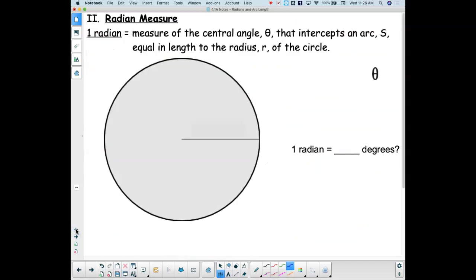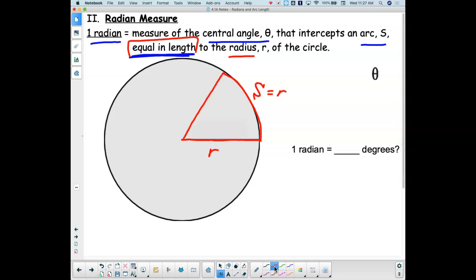Remember what a radian is, okay? What is it? The measure of the central angle theta that intercepts arc S, equal in length, that's the big one right there, equal in length to the radius, okay? So the arc length and the radius are equal. So what does that mean? Hey, if the radius has a length of r, this arc length of S will be the same as r.